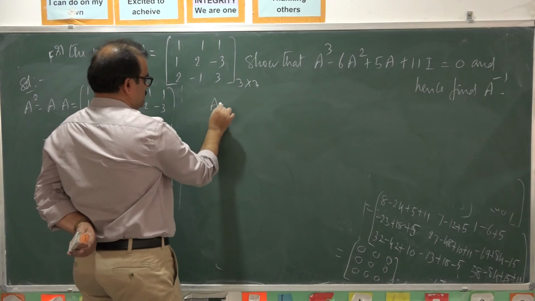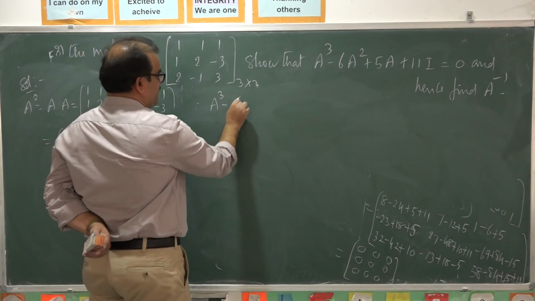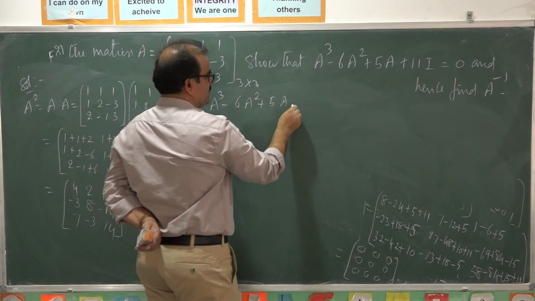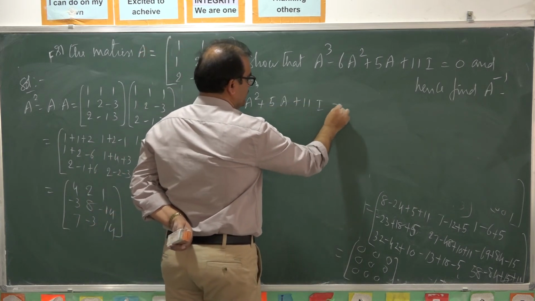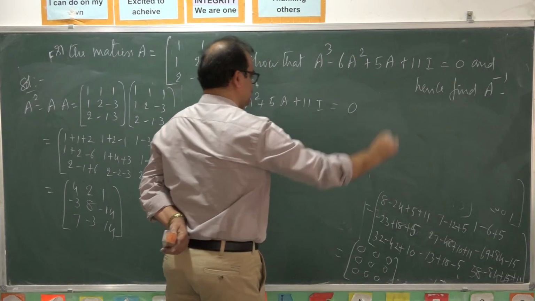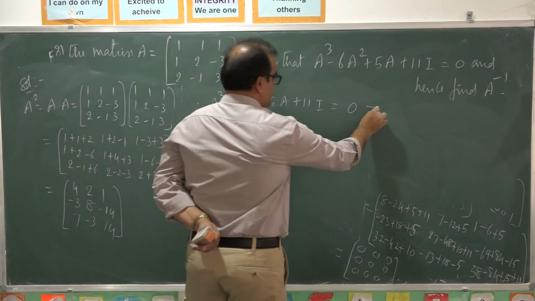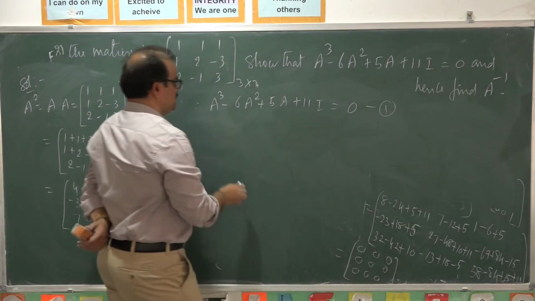We already proved A cube minus 6A square plus 5A plus 11 into I is equal to the 0 matrix. Let it be equation 1.